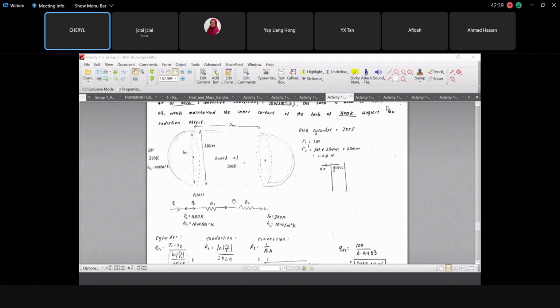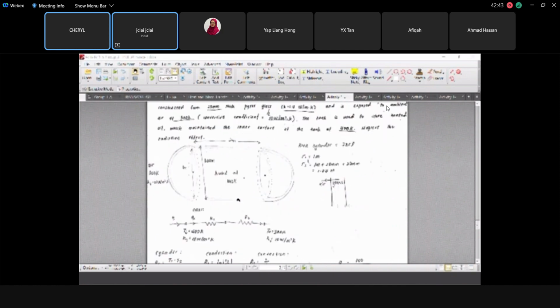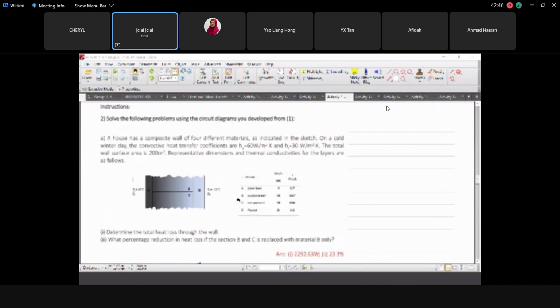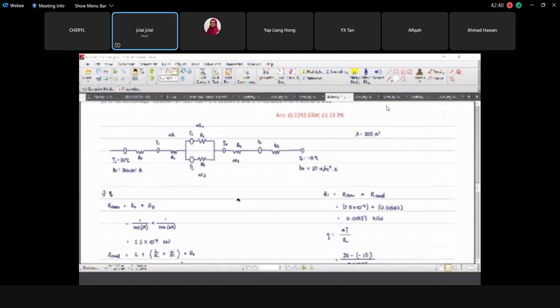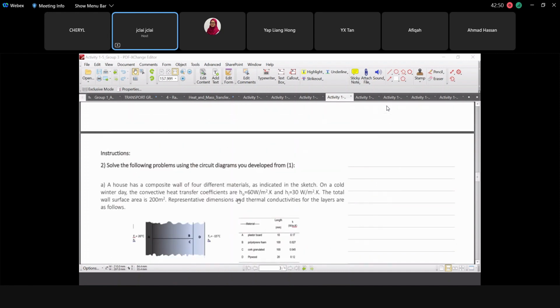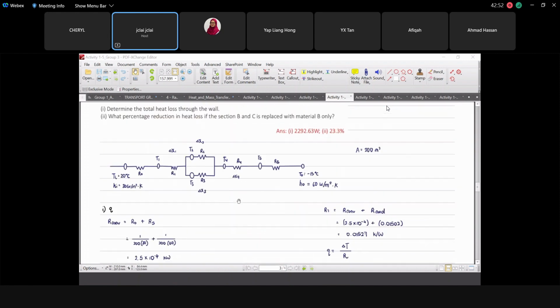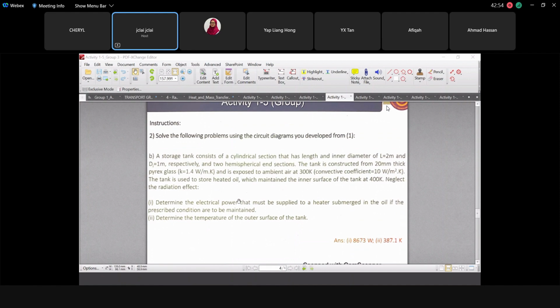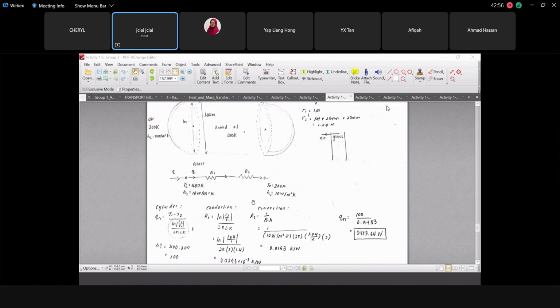Okay. Sorry, doctor. What I can see is there is no connection, no continuation between your circuit diagram and your numerical calculation. You solve the problem using a different concept.